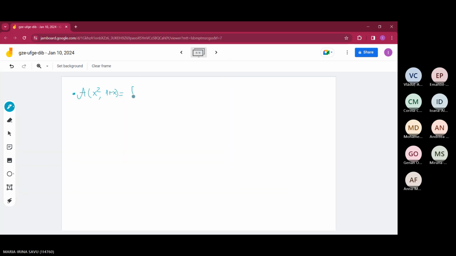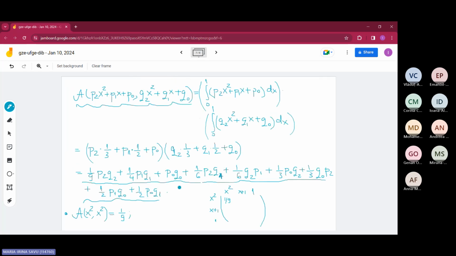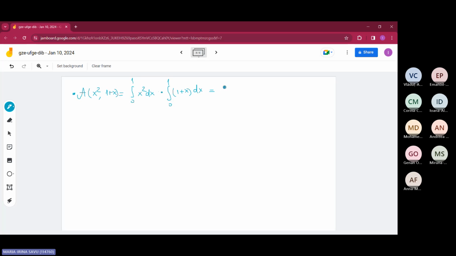So this is times this. Okay, you can compute it using every time. So if you don't like it. So this is 1/3 times, and this is 1 plus 1/2, because this is x squared over 2, which is 1/2 in the end.